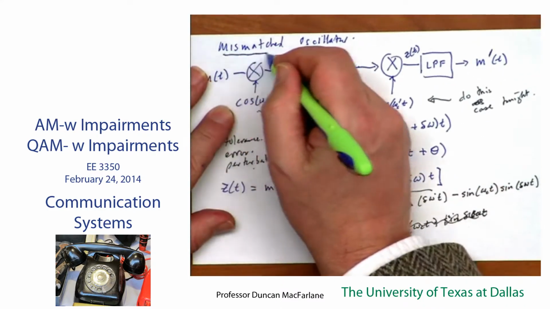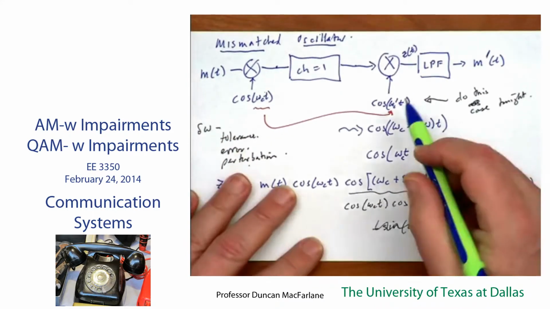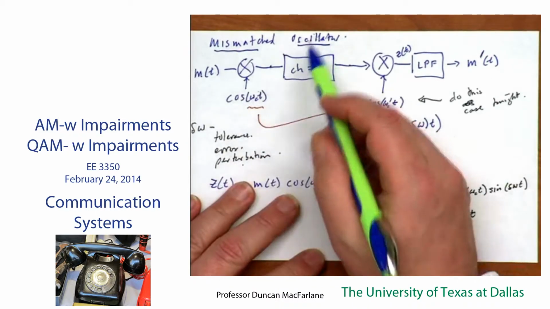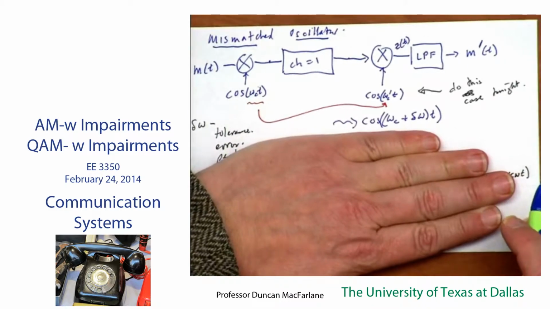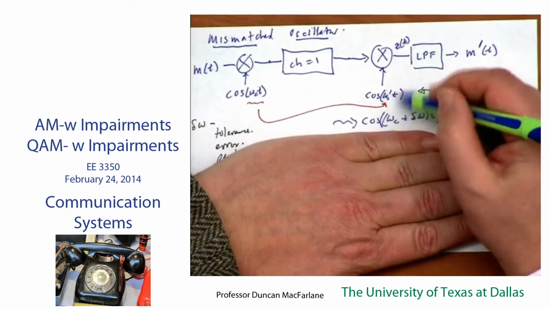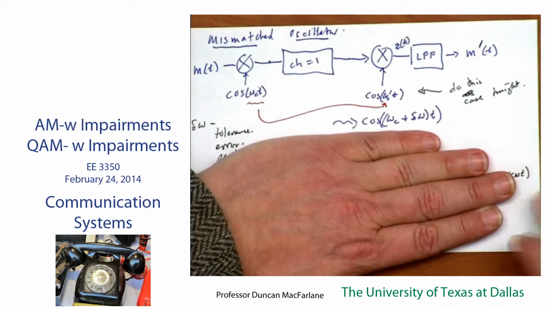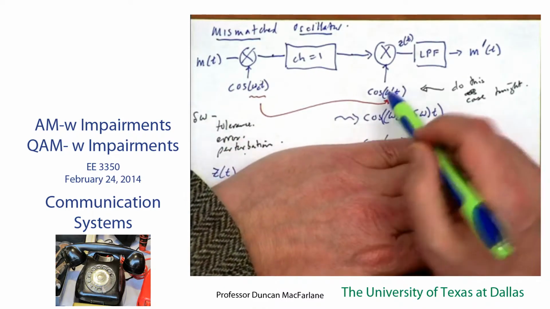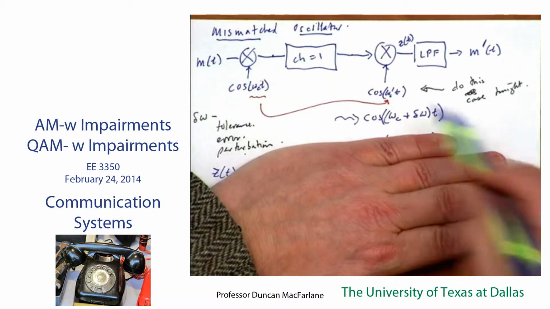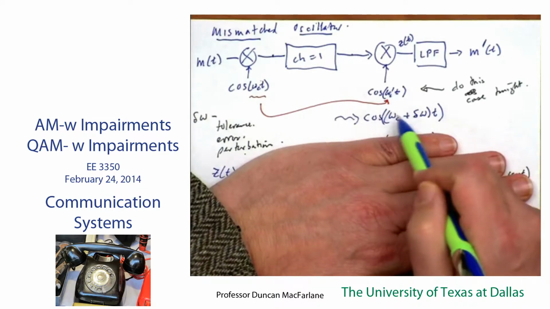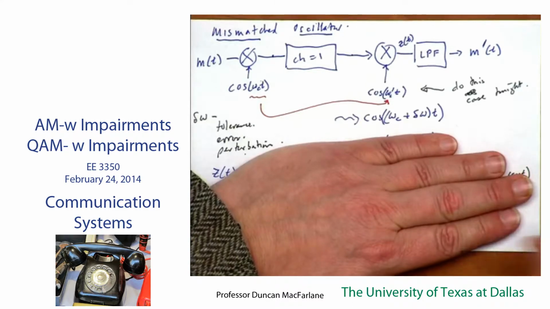So we want to talk about mismatched oscillators. Okay. Actually, this is fine. This is a good segue into what I want to do. Mismatched oscillators. So we're talking about frequency variations. Both of these are frequency variations. Now, how do I write mathematically a frequency variation? Well, I can just say that this frequency is not equal to that frequency, or I can say this frequency is equal to this frequency plus some perturbation or plus some tolerance or plus some error.